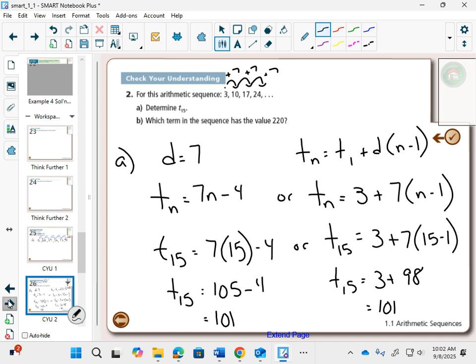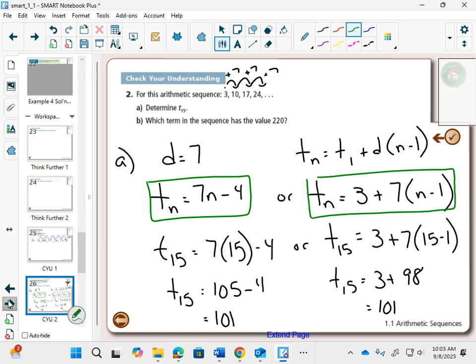Here you'd have to do the 15 minus 1 to get 14 first, then multiply by 7. So we still need to know all of our order of operations. It's very helpful that we get our formula either in this form or this form, because then we can find the 15th term.